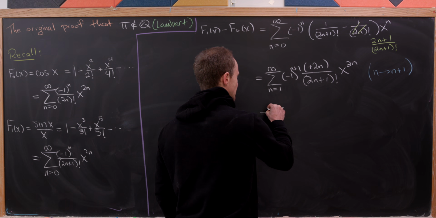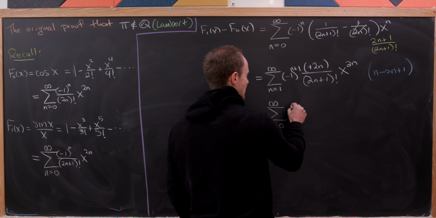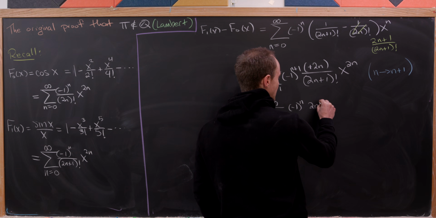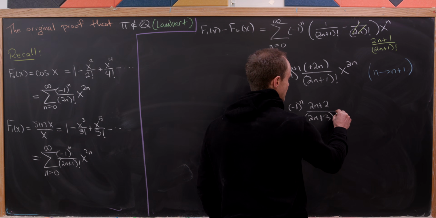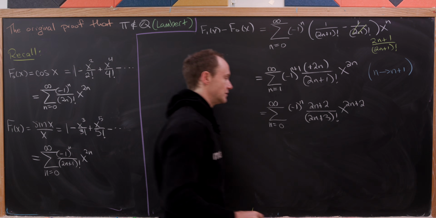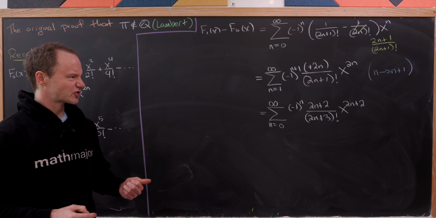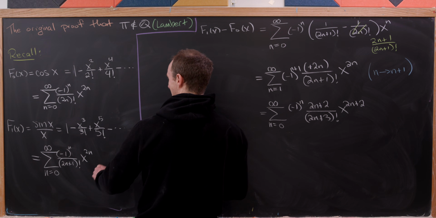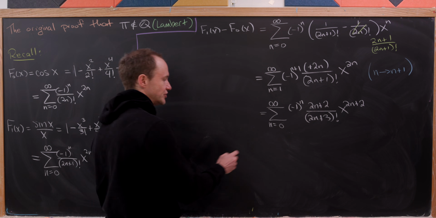So that'll leave me with the sum as n goes from 0 up to infinity of minus 1 to the n, and now I have 2n plus 2 over 2n plus 3 factorial times x to the 2n plus 2. But now I think it's going to be natural to factor an x squared out of that, so it looks like a power series in x to the 2n type terms like our first two.